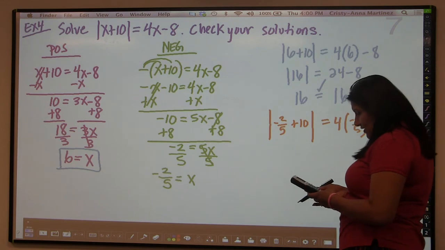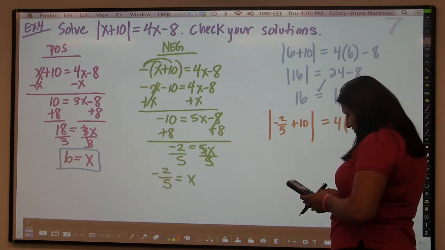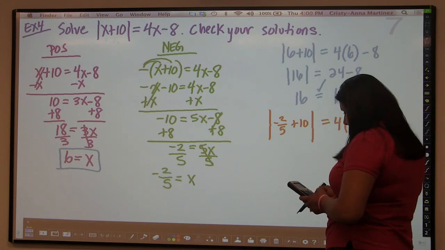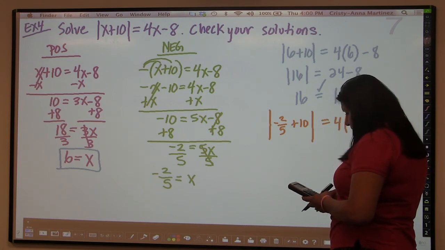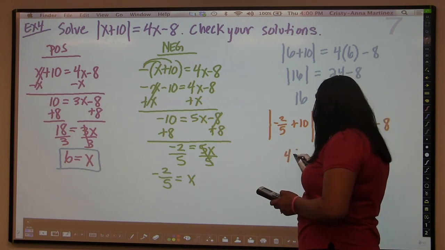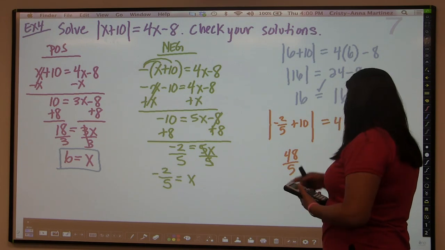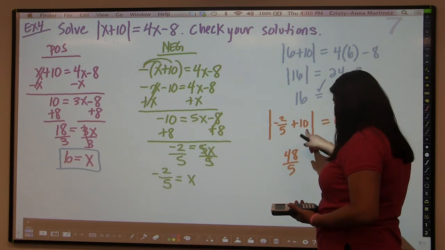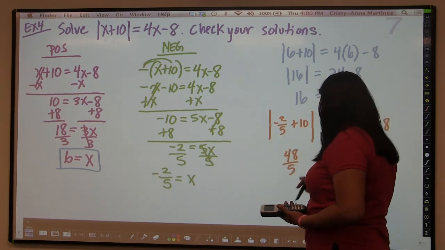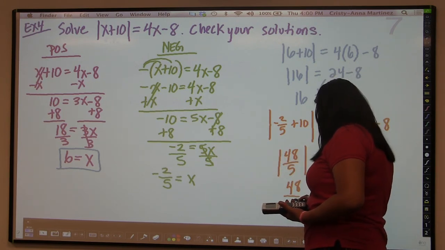On the calculator, I'm going to show you how to just put it in parentheses, negative 2 divided by 5, close parentheses, and then we're going to add 10, and we get 48/5, positive, because 10 is bigger than negative 2/5. So basically 10 would be 50/5, and 50/5 minus 2/5 is 48/5. The absolute value of that, of course, is still 48/5.